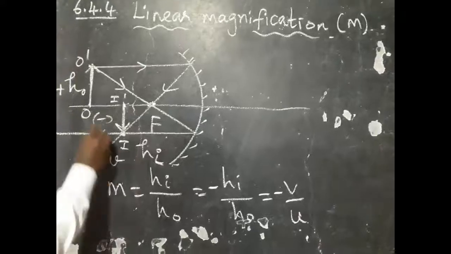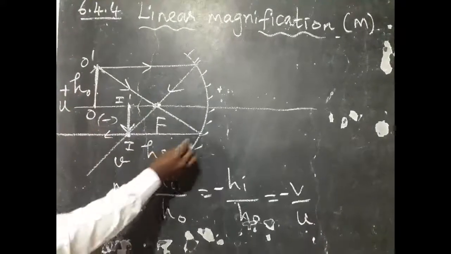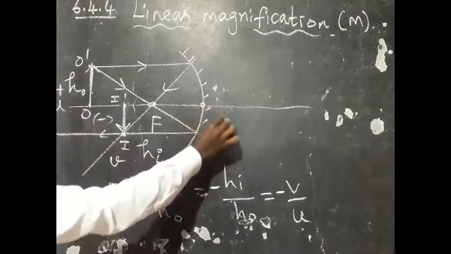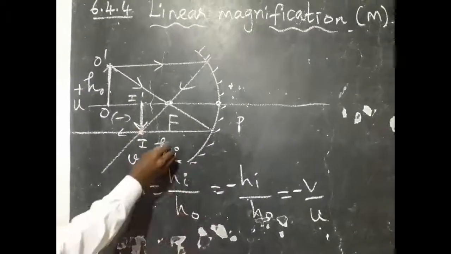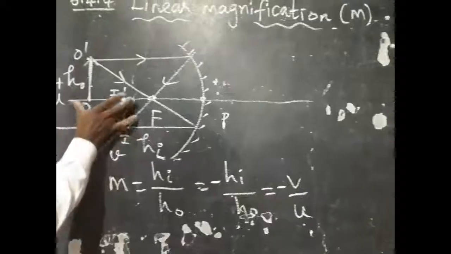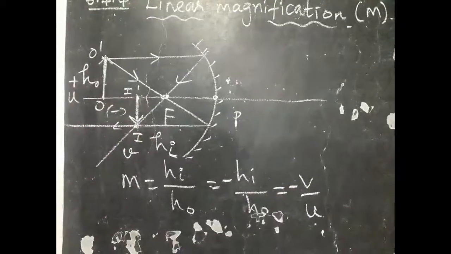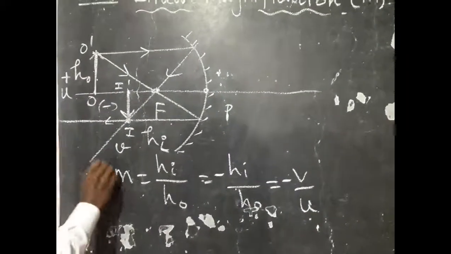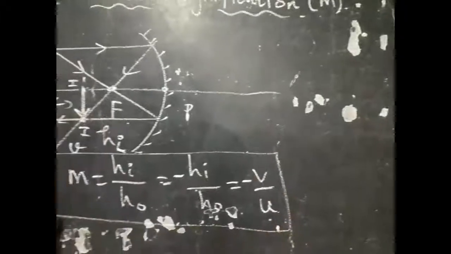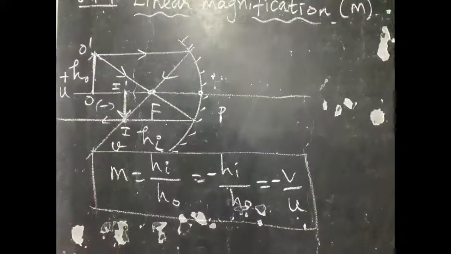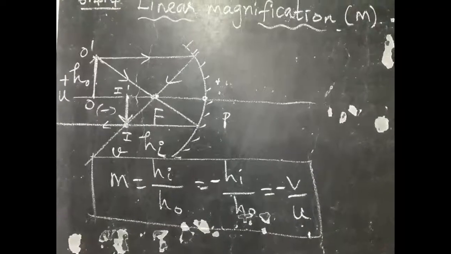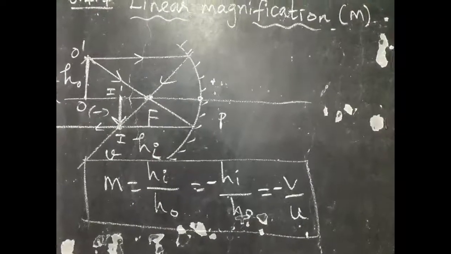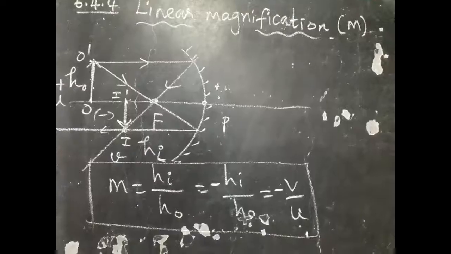That is v. Here u. So we take this as the pole. So pole இருந்து இது வந்து நமக்கு image distance. So image distance is minus, object distance is plus. Therefore we can write this formula for magnification. So magnification can be related to object distance and image distance.